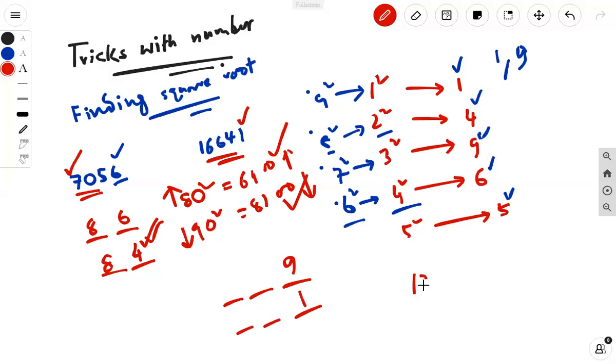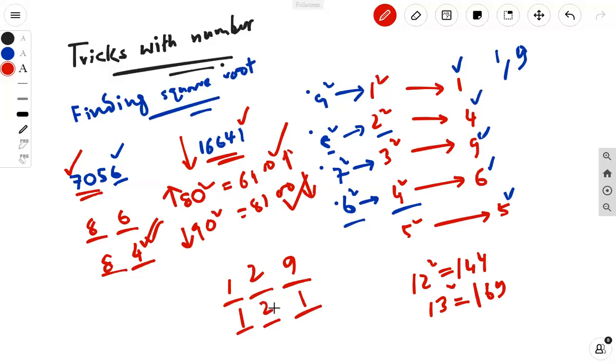For 166, we can say 12 squared is 144. So it is greater than 12 squared and lesser than 13 squared. So it can be 129 or 139 also, but 13 squared is 169, so it is lesser than 169, so we can say it is 12.